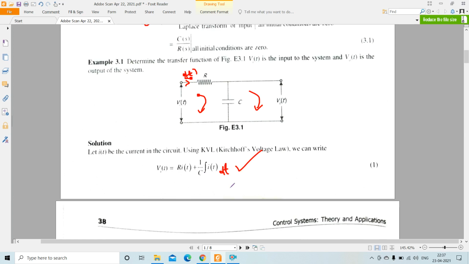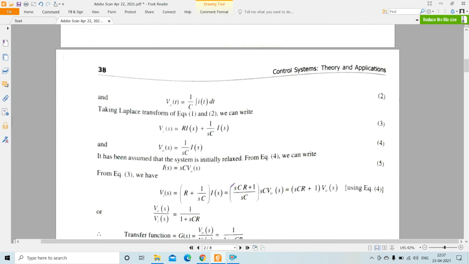This is the KVL equation for loop 1, and the KVL equation for loop 2 is V0(t) is equal to 1 by C integration i(t) dt.